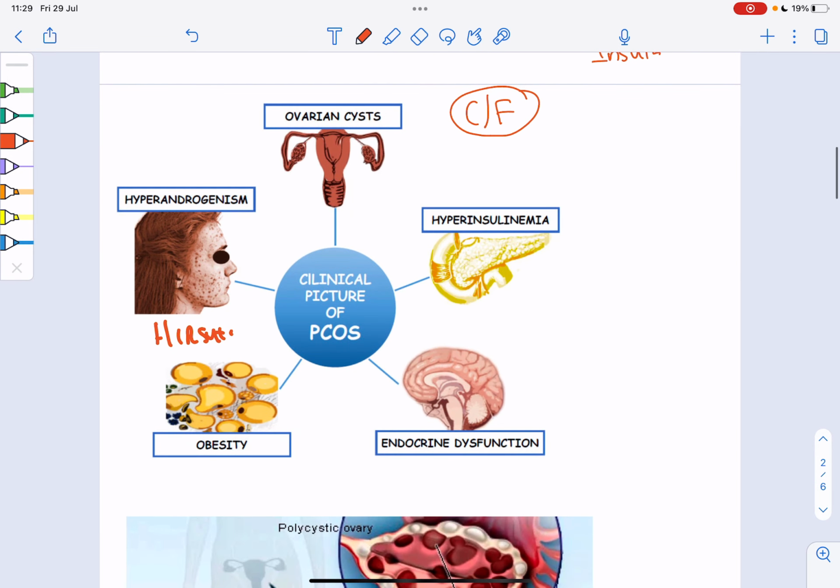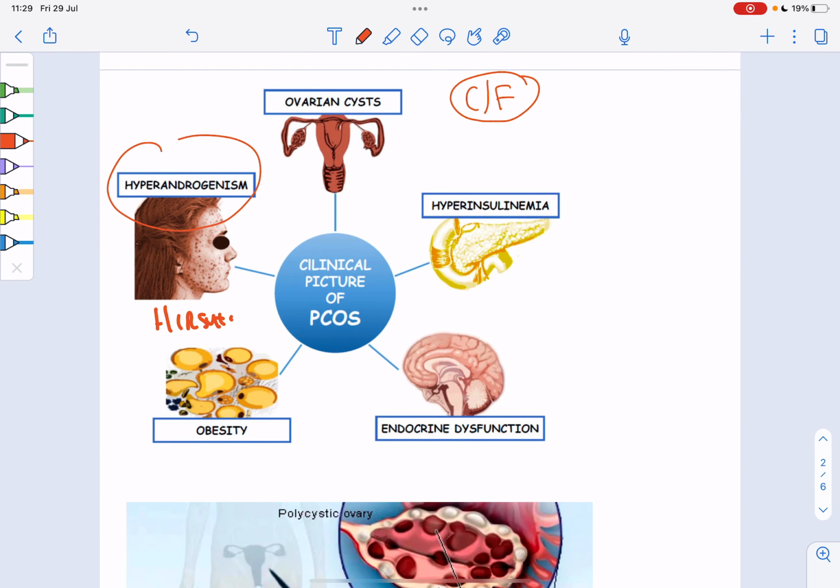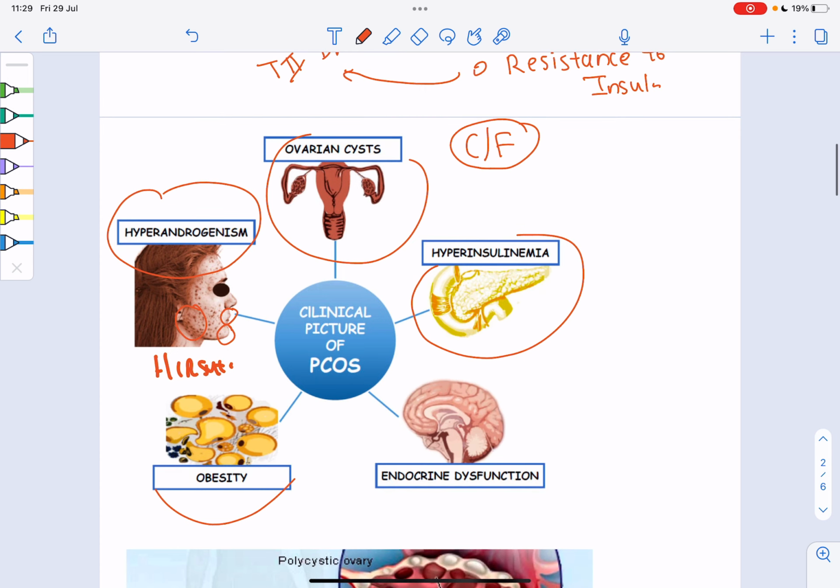What else do we have? We have hyperandrogenism, which is male pattern hair growth on the chin, on the upper lip, around here. There's also hyperinsulinemia, ovarian cysts, obesity, and endocrine dysfunction. How would I draw this lady? So she's got male pattern hair growth and acne, because testosterone can also cause acne.